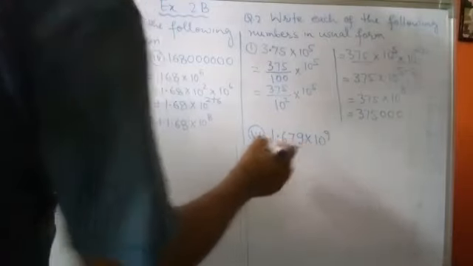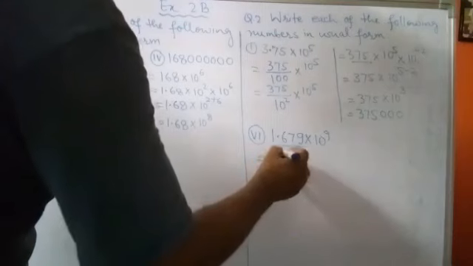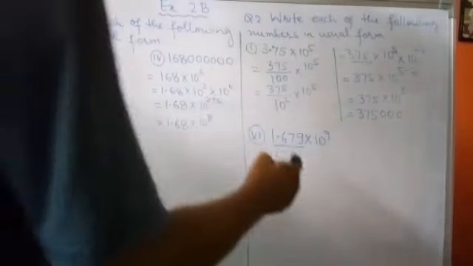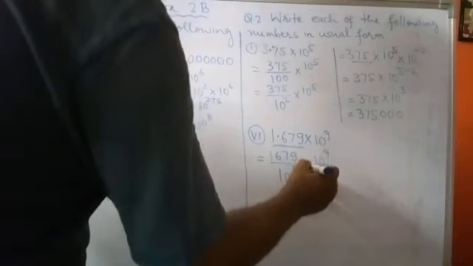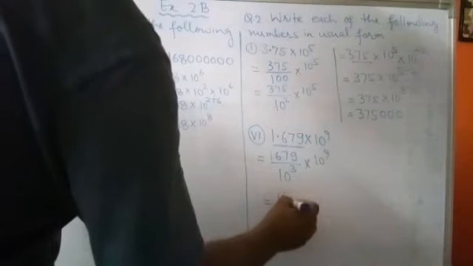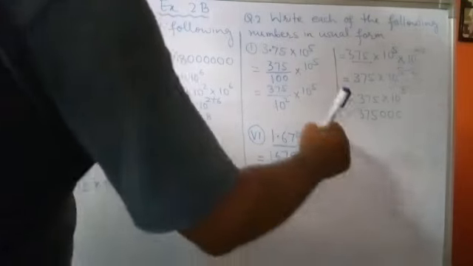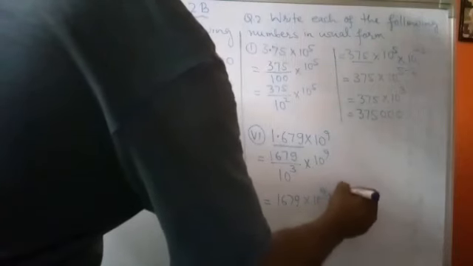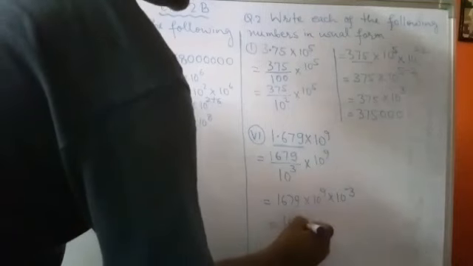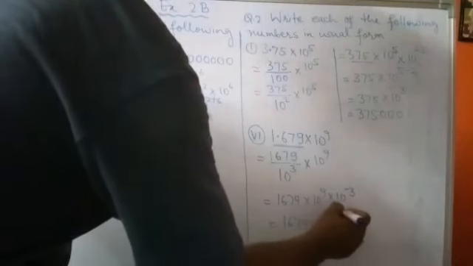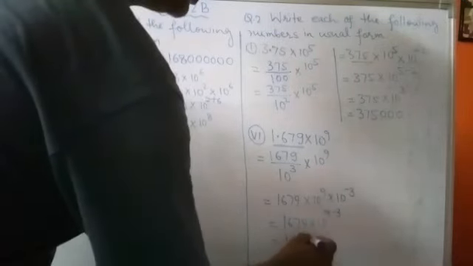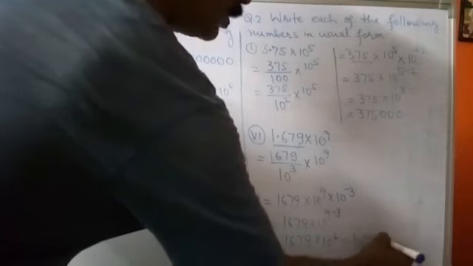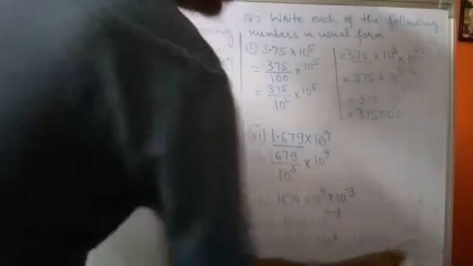This number is to be first of all changed into a by b form: 1679 divided by 10 to the power 3, because the decimal is to be moved right-hand side 3 places, into 10 to the power 9 already given. When this power is moved into the numerator place, it becomes a minus power. 1679 into 10 to the power 9 minus 3 equals 1679 into 10 to the power 6, or we can write 1679 followed by 1, 2, 3, 4, 5, 6 zeros, which is the answer.